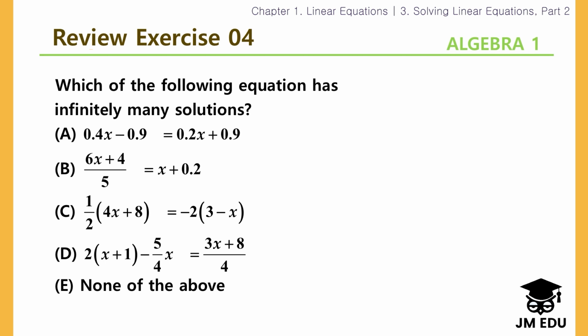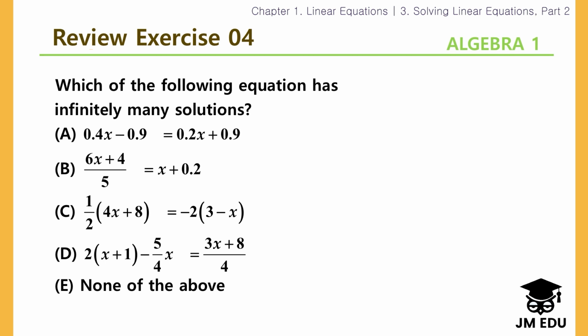Number 4. The question says, which of the following equations has infinitely many solutions? If an equation has infinitely many solutions, the expressions on the left-hand side and right-hand side must be exactly the same. So let's check this.